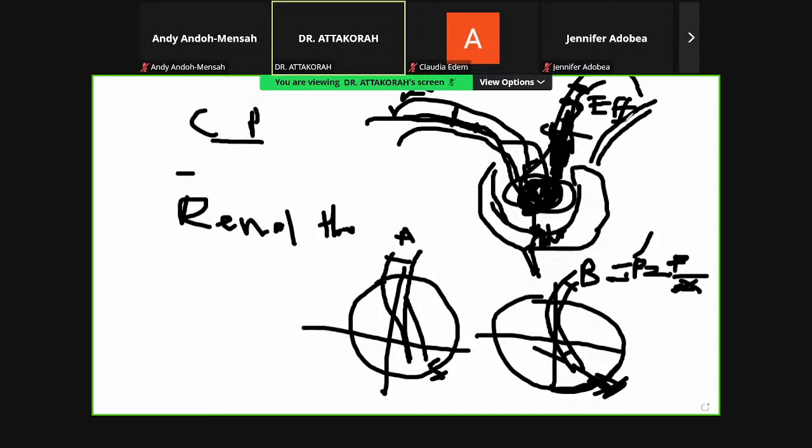And that resistance would increase the capillary pressure such that it can overcome the Bowman and the oncotic pressure. Please, is it clear? Yes, please.